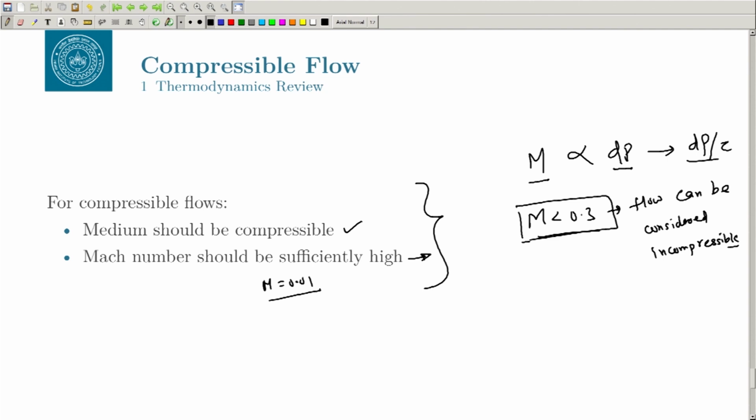In fact, if you try to solve a flow at very small Mach number in a compressible solver, it will take much longer because your time step will be very small. It is a good idea to use an incompressible solver if the Mach number is very low. For most flows where the Mach number is less than 0.1 or so, the difference between results from a compressible code and an incompressible code will be very minimal, and at least it will not affect the dynamics.